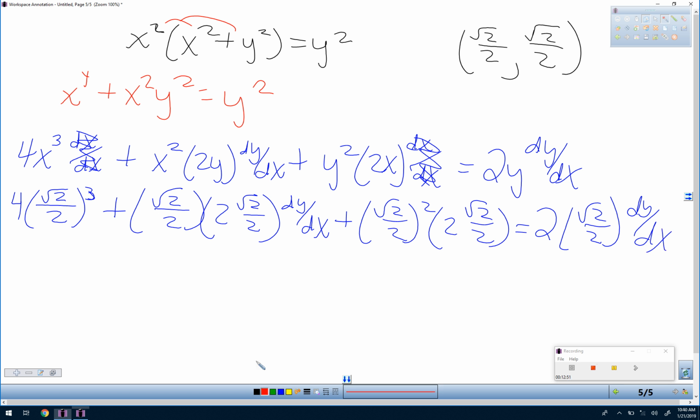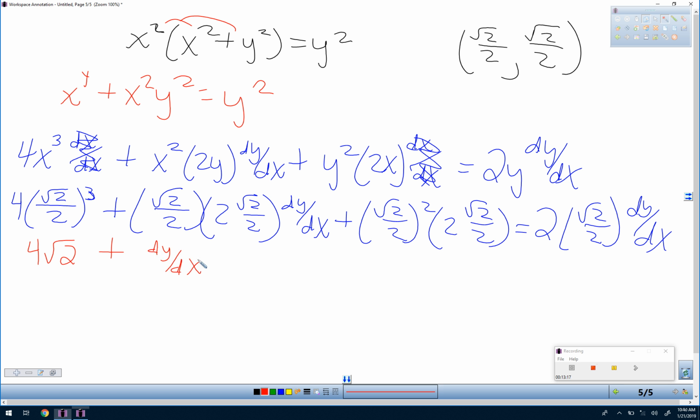All right, so over here, if I multiply this, I would get 2 radical 2. So that would just be 4 radical 2, plus, that would be 2 times 2 is 4, so that would just be 1, so it would just be dy over dx.